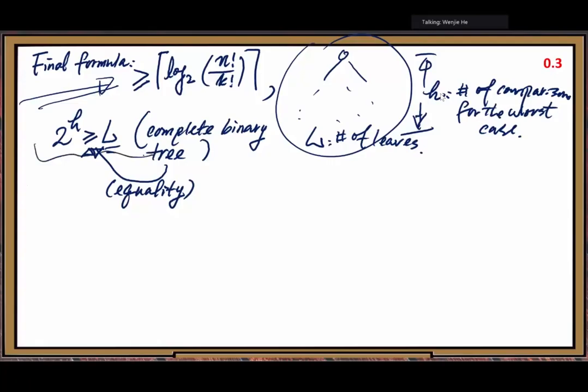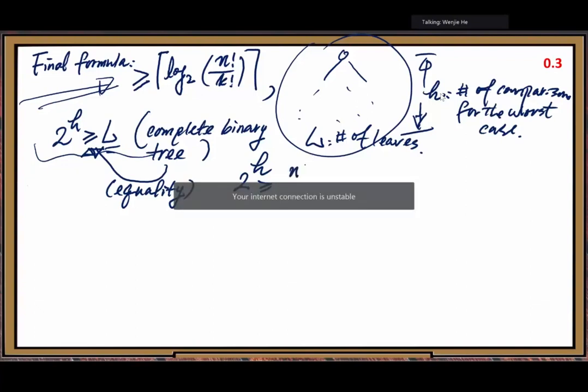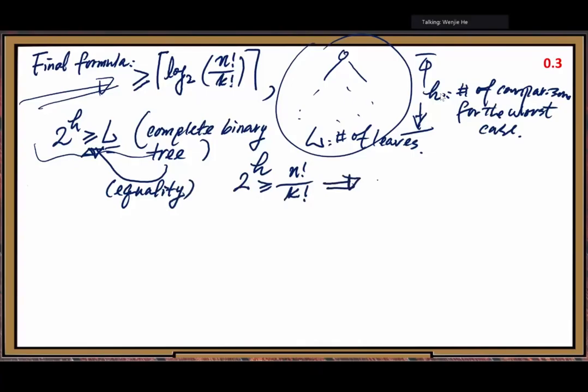Now, this time, 2 to the h, worst case, the height of the decision tree, we have the number of leaves as n factorial over k factorial. Then we get this ceiling function. So that's our new version of the lower bound formula.